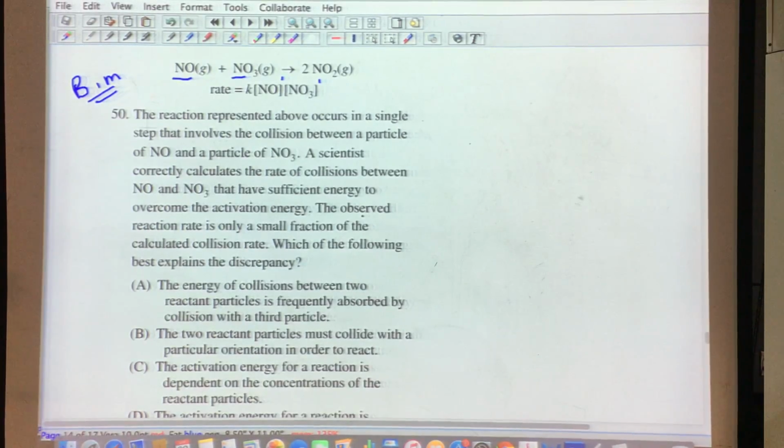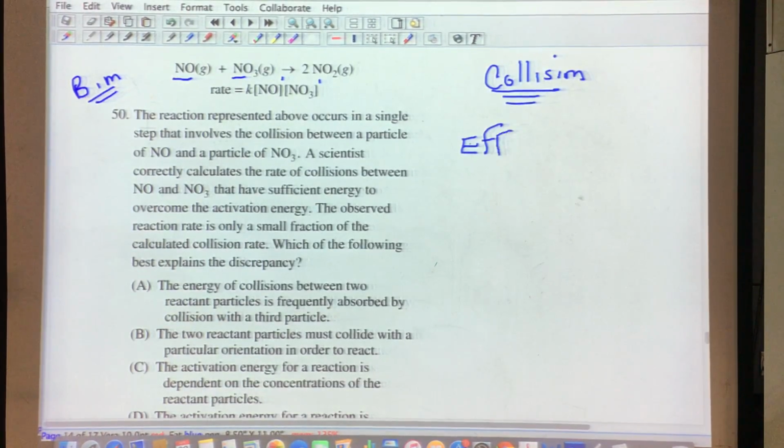The observed reaction rate is only a small fraction of the calculated collision rate. So we have enough activation energy, yet it's barely going. So what must explain the discrepancy? Well, this is called collision theory, something you learned last year. In order for a reaction to go, you must have an effective collision.